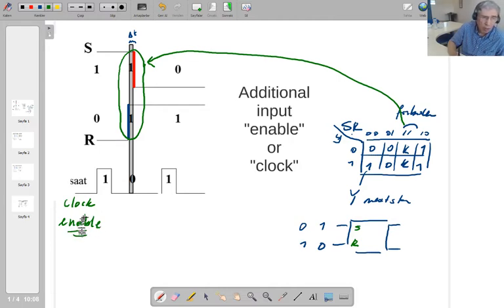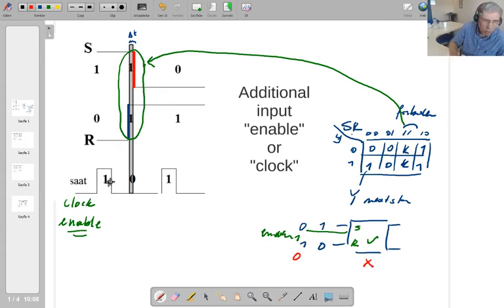When the allowed inputs are applied, there is going to be a pulse 1 available, and our SR memory element is going to work for these values. When the enable input is 1, this is going to work. When it is 0, it's not going to work.